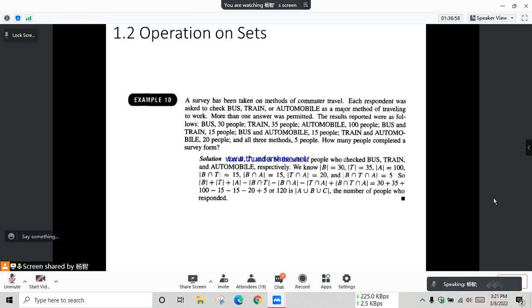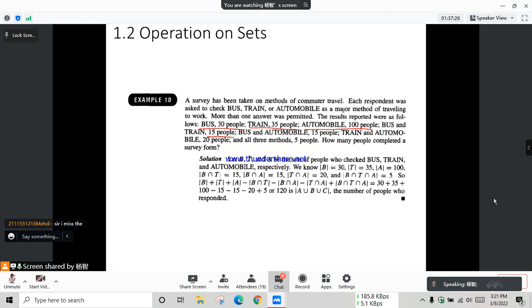The report was as follows. Certain people said they take the bus, and 23 people said they take the train, and 100 people said they drive a car.